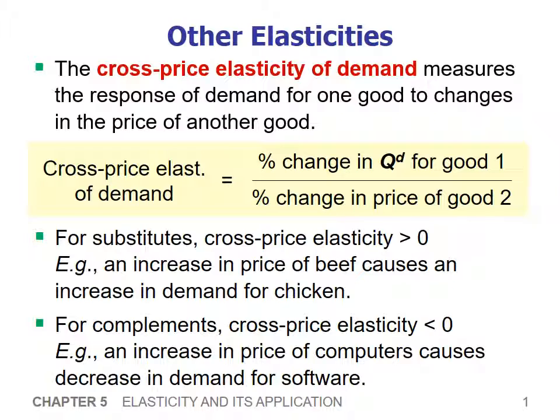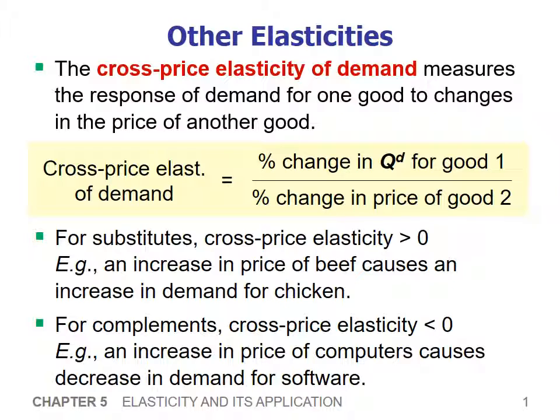There's one more elasticity which pertains to the demand for a good, and that's called cross-price elasticity of demand. It's essentially given by the percent change in quantity demanded for good 1 in response to a percent change in the price of good 2. For example, suppose we're looking at the market for chicken.